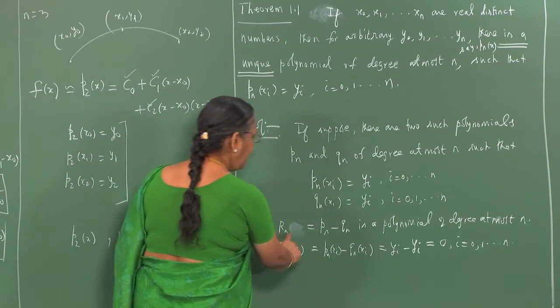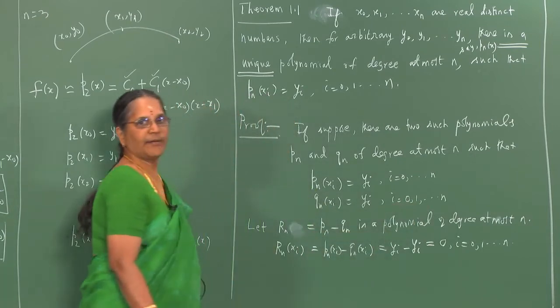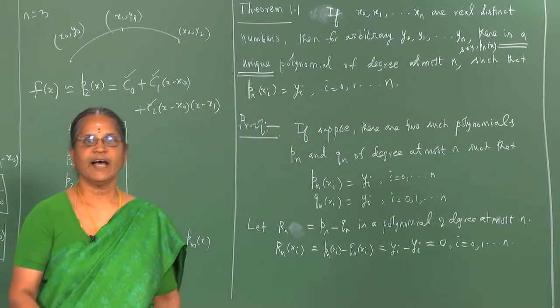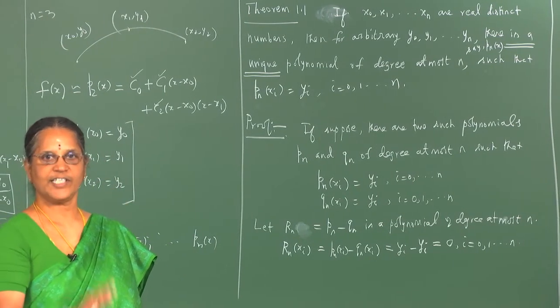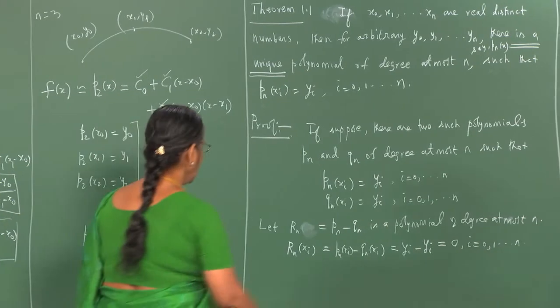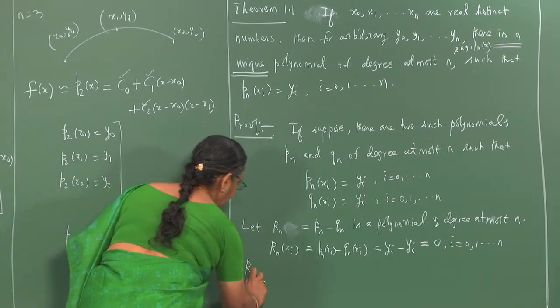Now, Rn being a polynomial of degree at most n, it can have at most n zeros if it is not the 0 polynomial. So, let us write down that result.